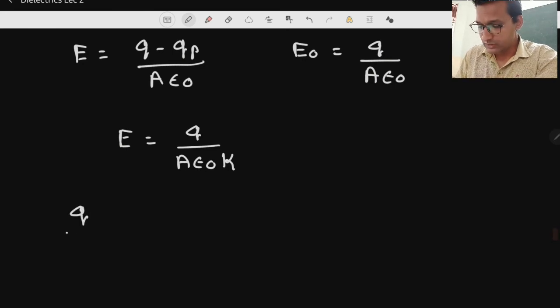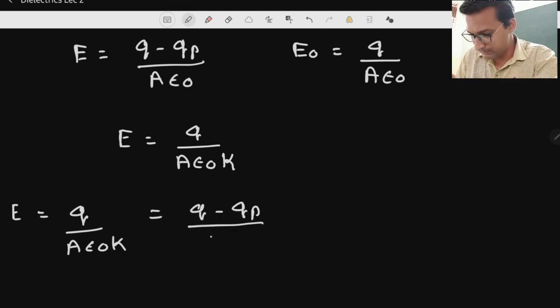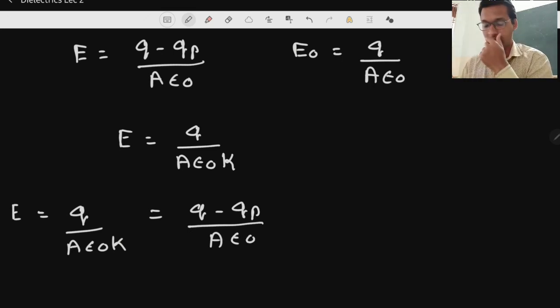So this Q divided by A epsilon naught into K, which is the electric field in the presence of dielectric, will also be equal to Q minus QP divided by A epsilon naught. Now as you can see, we can cancel out a lot of terms.